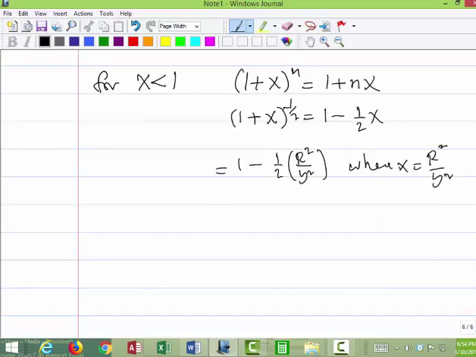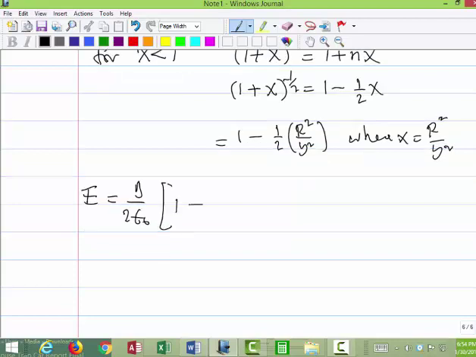So this means that our electric field at distances very far away can be written as eta over 2 epsilon naught, and then we have 1 over the square root of 1 plus r squared over y squared.